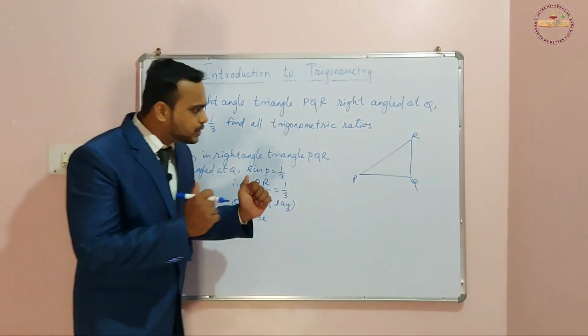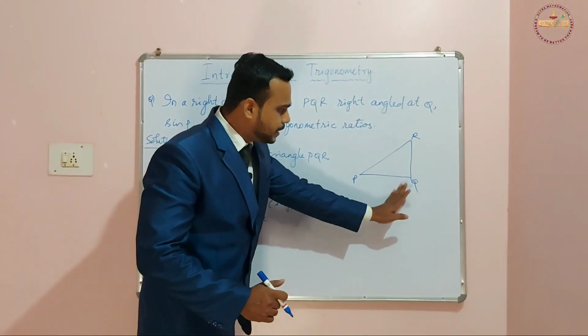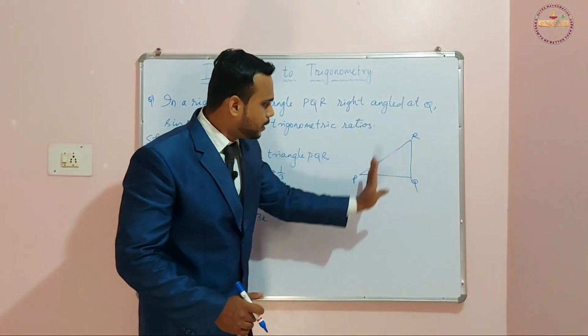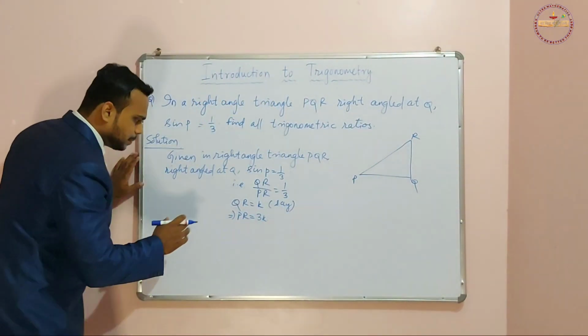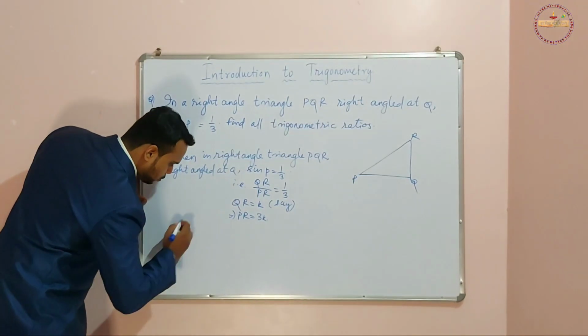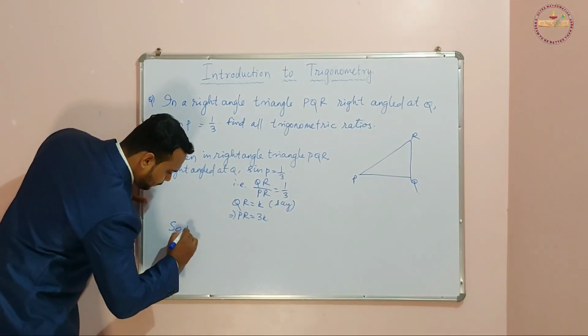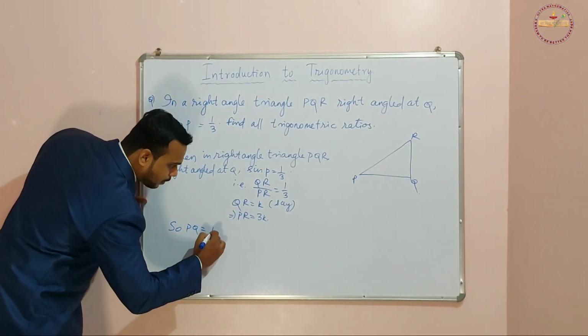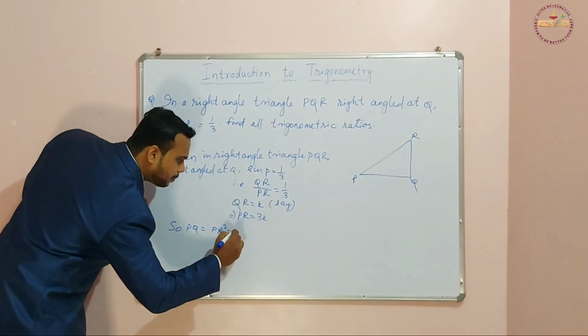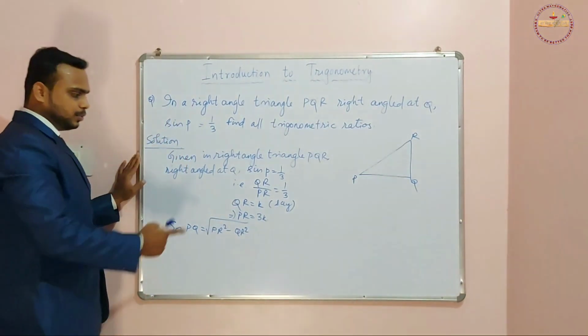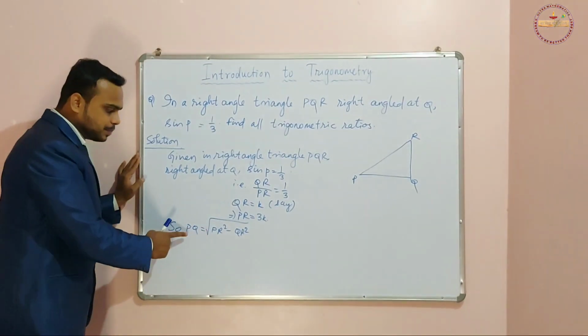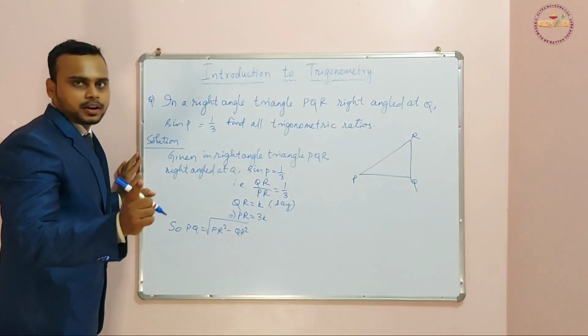Now you can obviously find PQ. You know QR, you know PR, so you can find PQ from the Pythagoras theorem. So PQ is equal to the square root of PR square minus QR square. You will take the positive root as PQ is a distance and distance is non-negative.